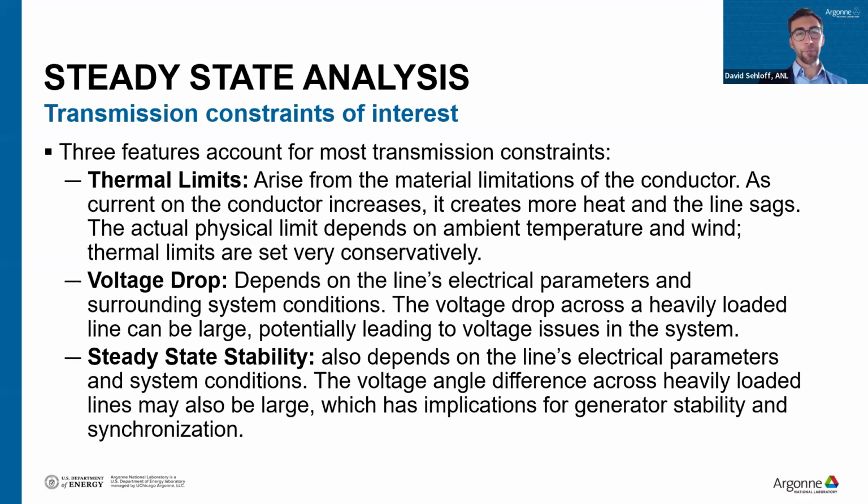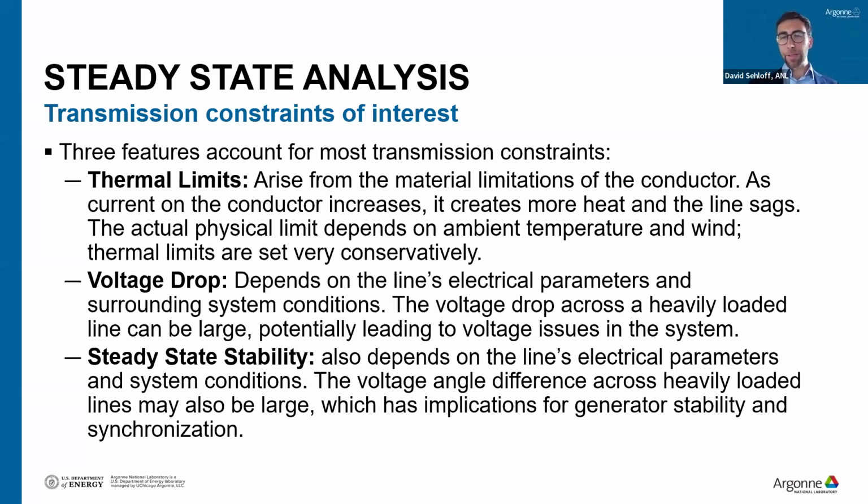The next one is voltage drop. This depends more on the surrounding system conditions, but also on the electrical parameters of the line. So if a long, heavily loaded line has a lot of power flowing through it, then there might be a large voltage drop across it. So this can have larger issues throughout the system.